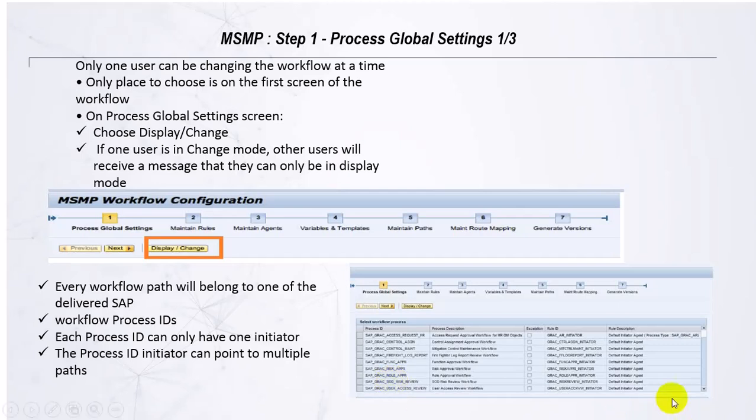Similarly, SOD review and EVR review. If you remember, get clean, stay clean and sustain control is the implementation methodology. From the sustain control perspective, we will discuss SOD and EVR review. We will configure EVR review and SOD review as part of sustain control.